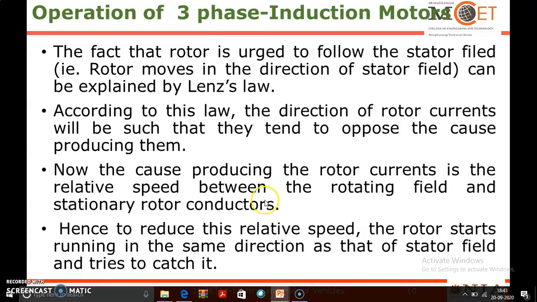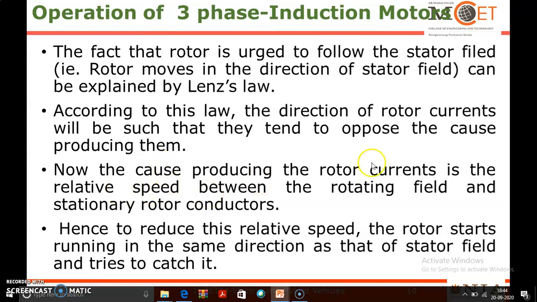Slip is the synchronous speed ns minus the actual speed of the rotor nr. This speed difference is said to be the slip.